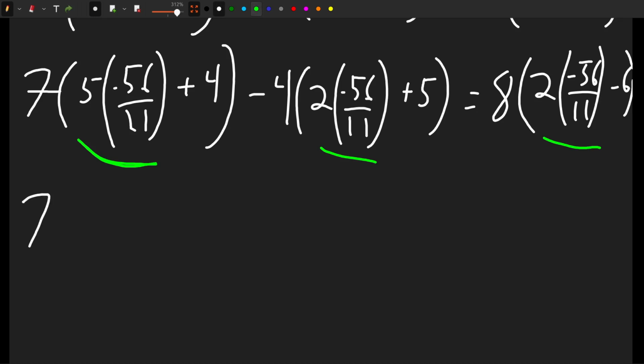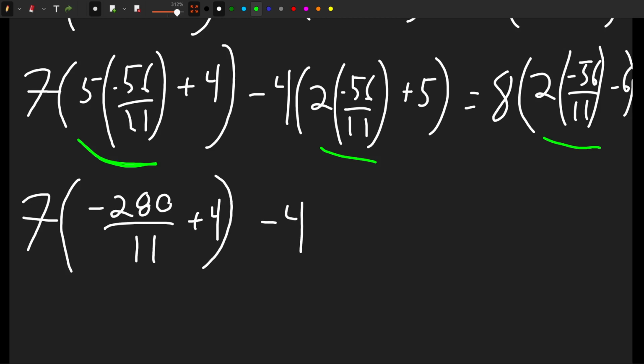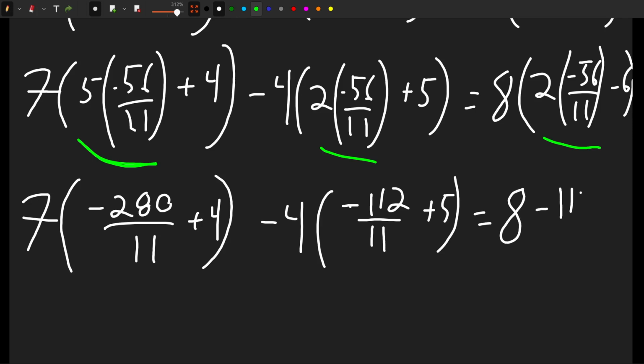So I'm going to have 7 times (5 times negative 56 gets me, what was that, negative 280?) over 11, plus 4, minus 4 times, this is going to be negative 112, is equal to 8 times negative 112 over 11 minus 6.